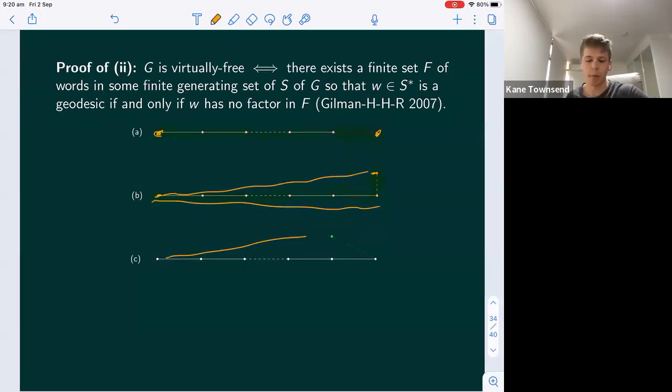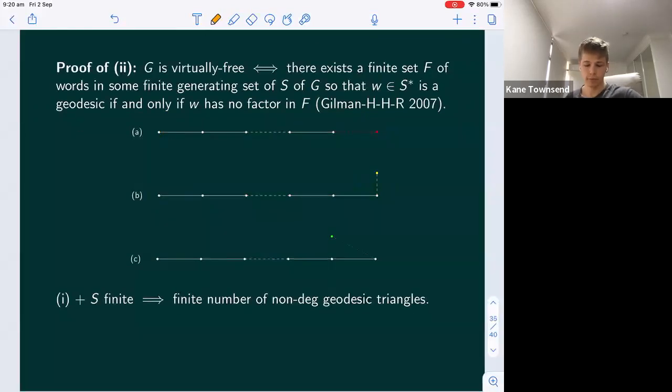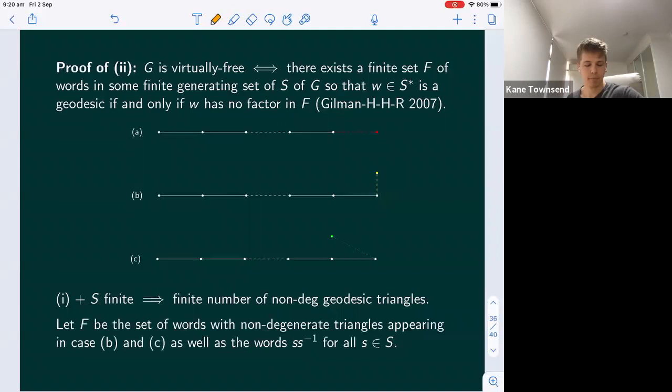And so we just need to come up with a finite set F with all these properties. Part 1, plus the fact that S is a finite generating set, implies there's a finite number of non-degenerate geodesic triangles. We can let F be the set of words with non-degenerate triangles that appear in cases B and C, as well as the words S and S inverse.